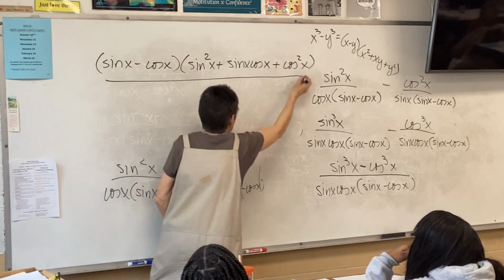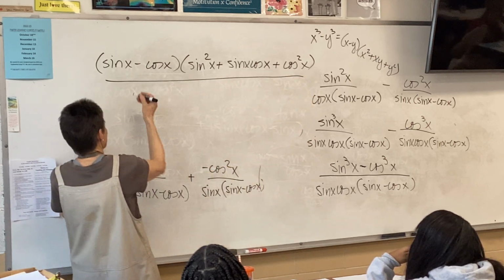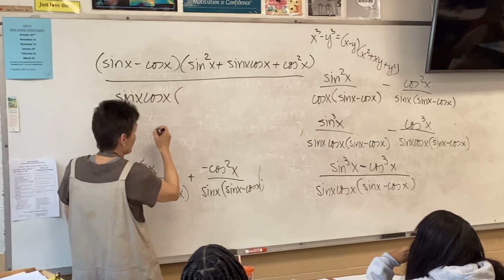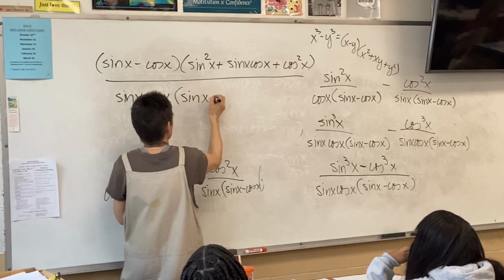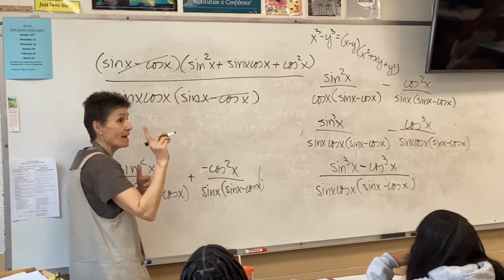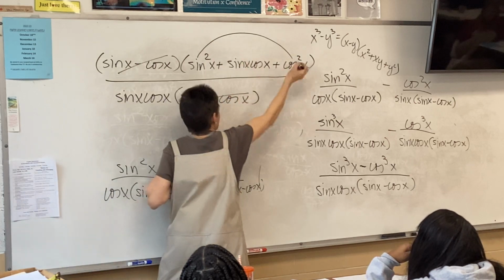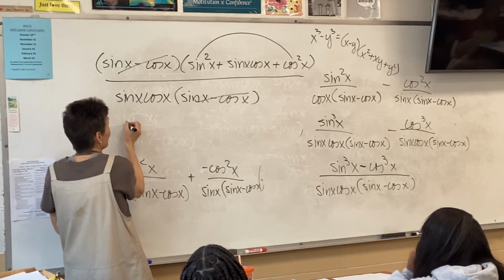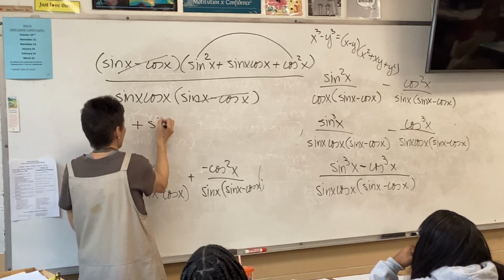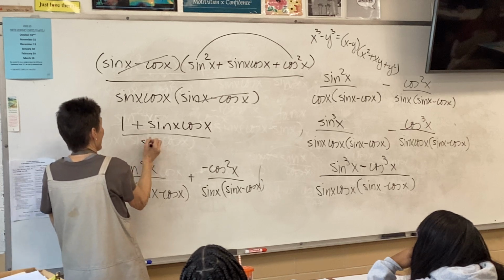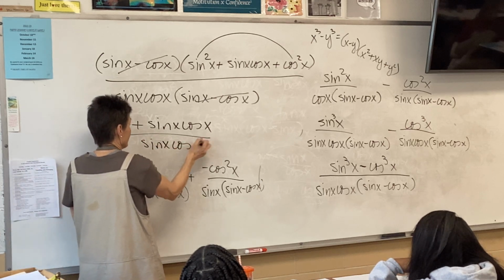Well, why is that so great? I mean, the problem is a disaster for sure, but now it's in really good shape, because what happens? It cancels. This part's going to cancel, and what's that? 1. So on top, we have 1 plus sine cosine, and on the bottom, we have sine cosine.